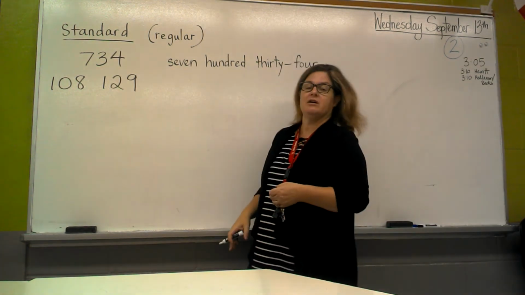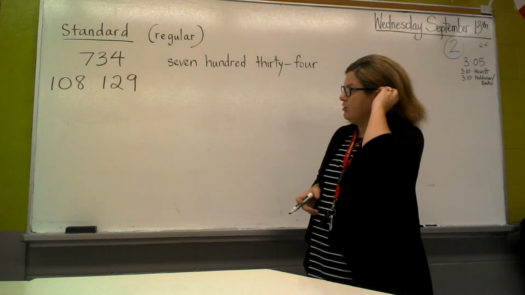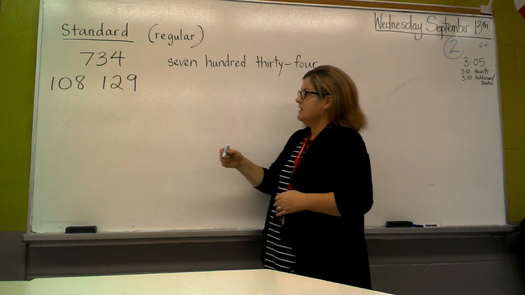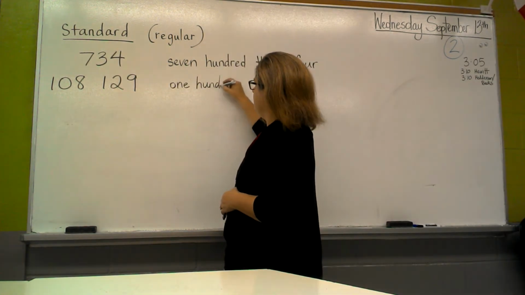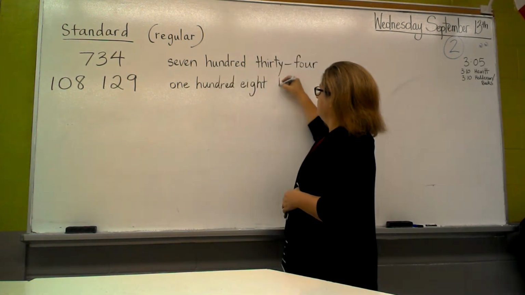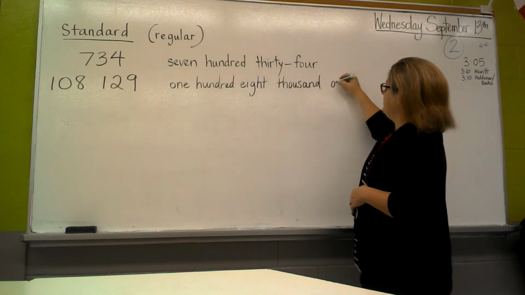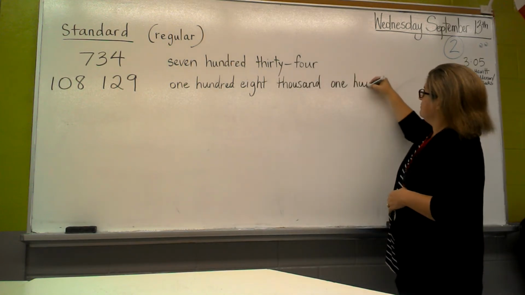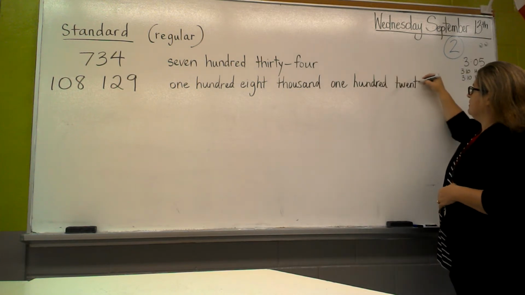The second number that I've represented, you'll notice I've placed it in groups of 3 without a comma to separate. And so I have 108,000, 129.